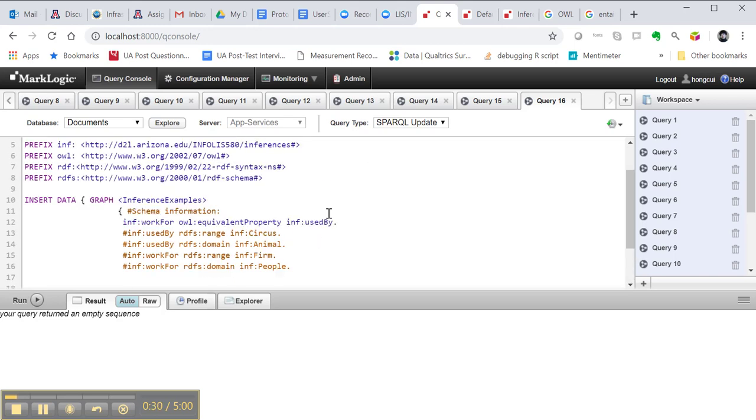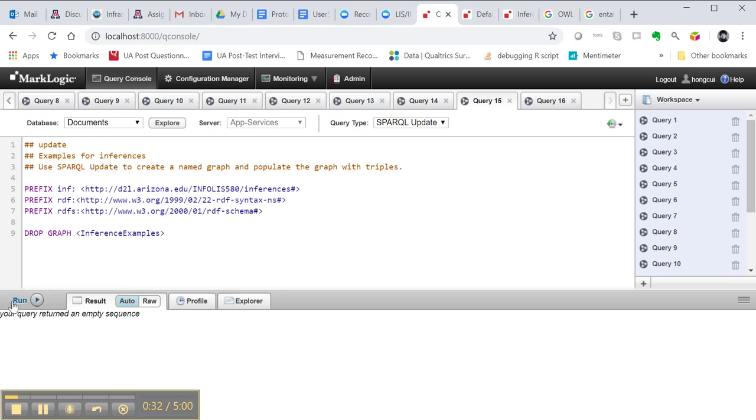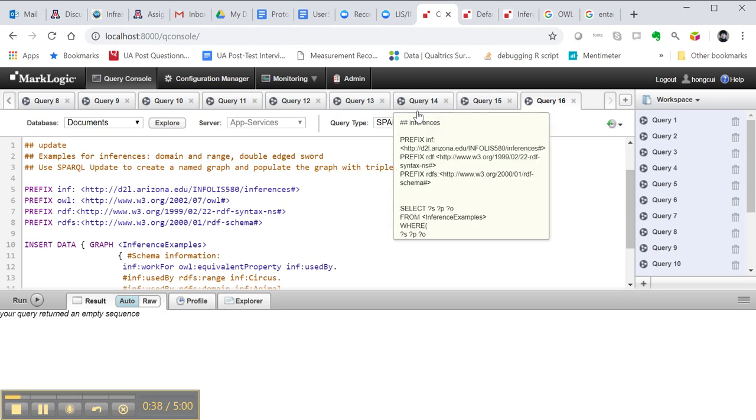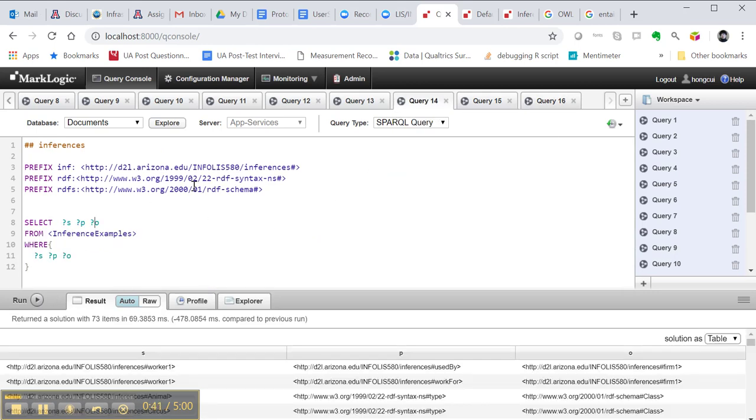Okay, let me clean up my graph and then repopulate it. So now I can ask a question to see the effect.